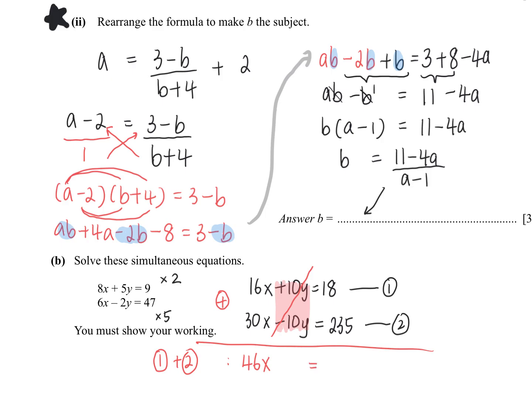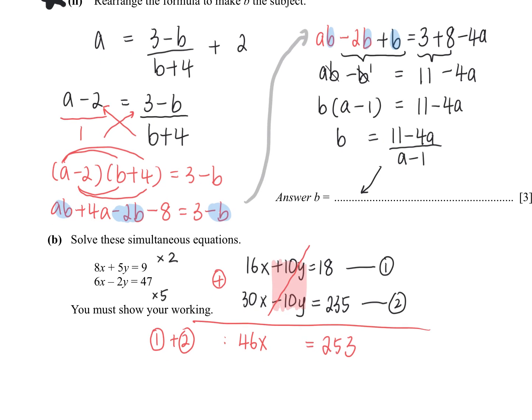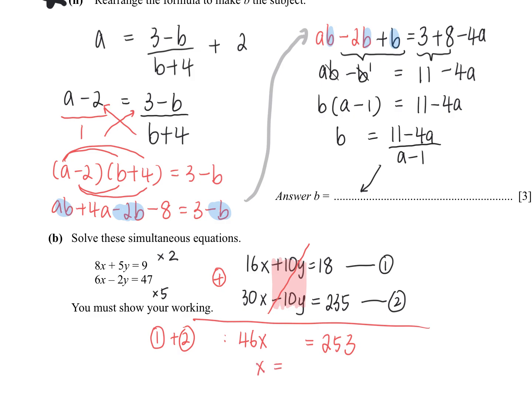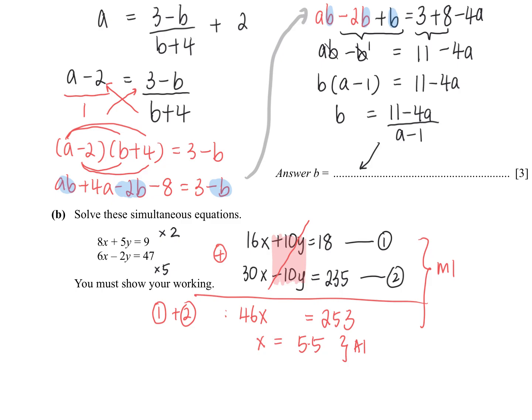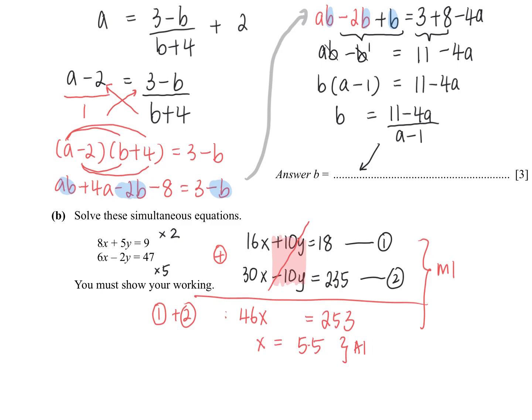And then this one you get 253. Right? So x will just be 5.5. Okay? So the method here is 1 mark. Answer 1 mark. And then you go and find your y. So you sub your x as 5.5 into any one equation there.